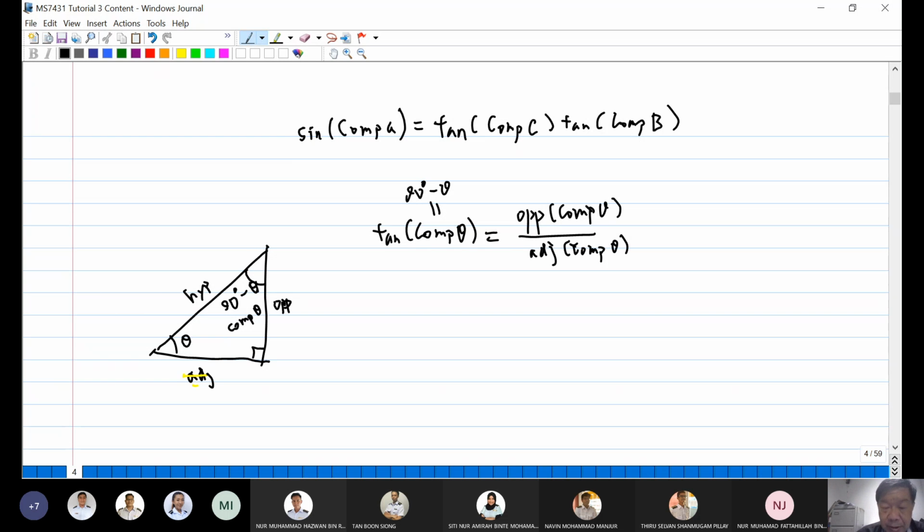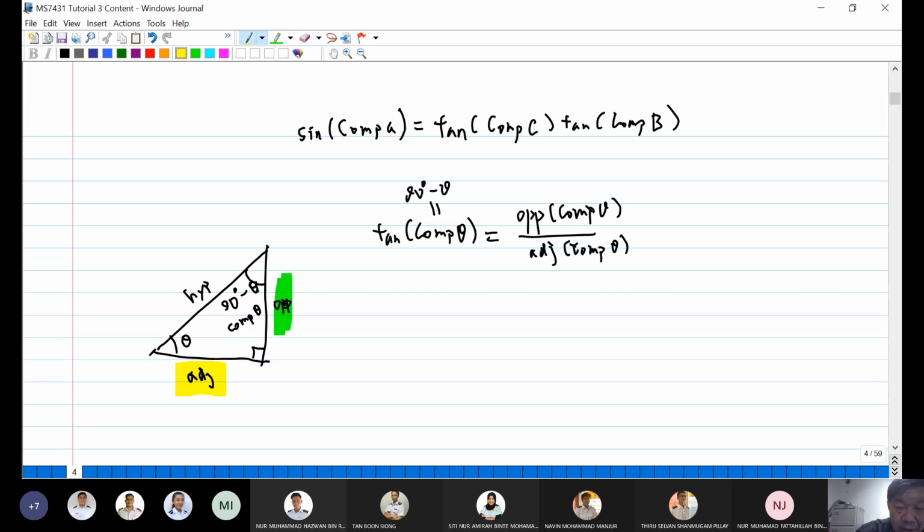So opposite of co-theta is this one, right? Adjacent of co-theta is this one.